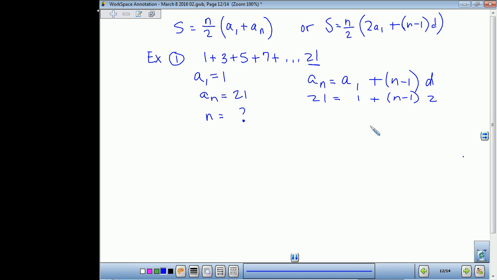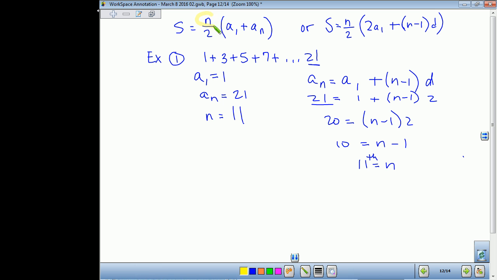Right, Eric? Yes. So I'll subtract 1. And I'm probably not showing all these steps, but I'm just doing this for you. Divide by 2. Add 1. So now we know that 21 is the 11th term. So now I know n is 11.